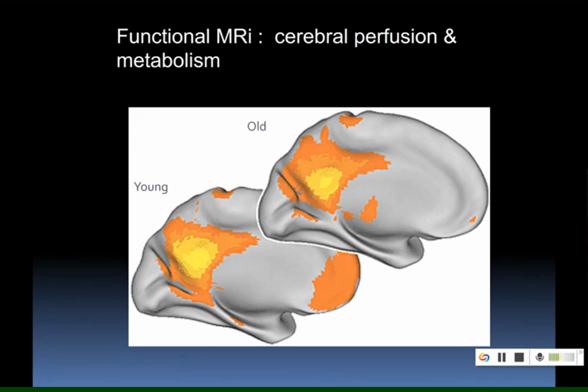Low perfusion does not always necessarily mean less brain function, but suffice it to say that there are studies looking at both function of the brain as well as brain volume, particularly hippocampal volume, as a proxy measure for Alzheimer's dementia.